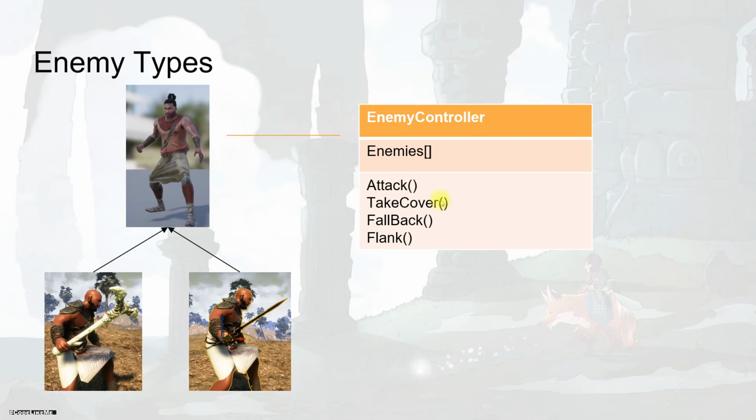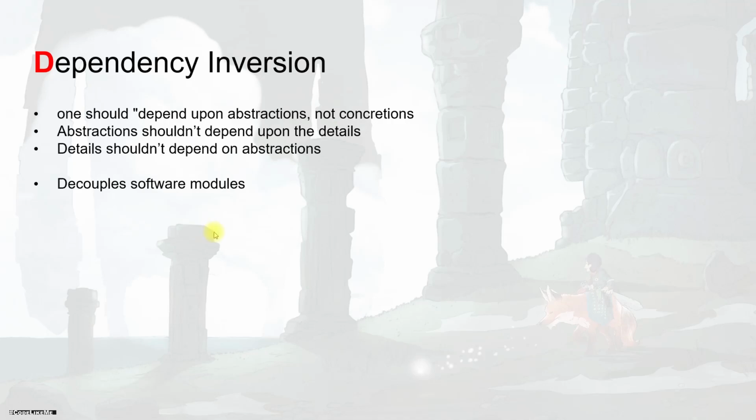That means if we modify a child class here, then we have to modify this enemy controller as well. That's how we detect dependency between two classes. That's not a good sign. That's how we identify we have violated this principle, so we should avoid such scenarios when we design our systems.